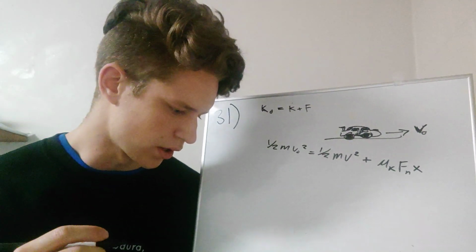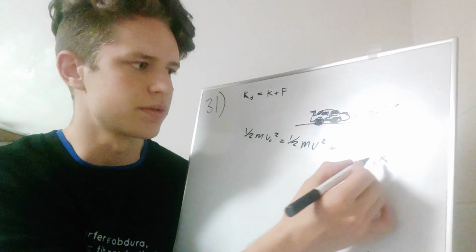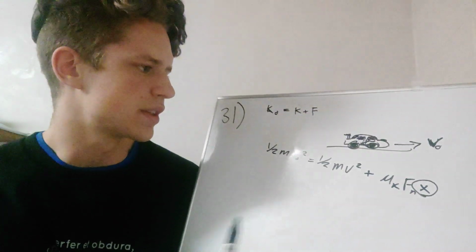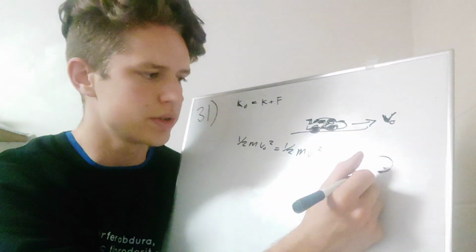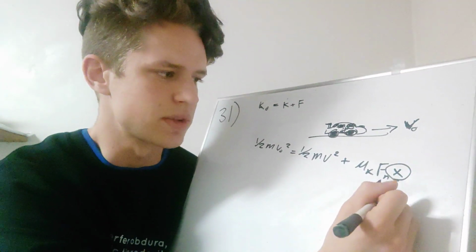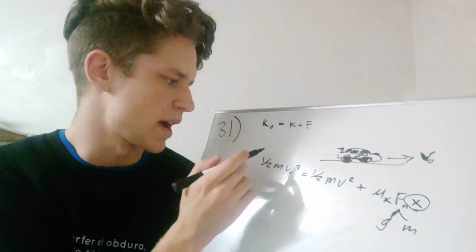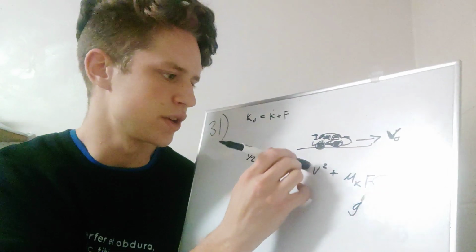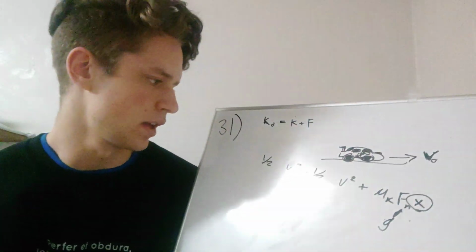And then it wants us to solve for the distance traveled, so we're solving for this guy over here, which means we need to move everything else over here. The first thing I'm going to do though is break the normal force into gravity times the mass. And then we have mass everywhere on that, so we can just divide it out.